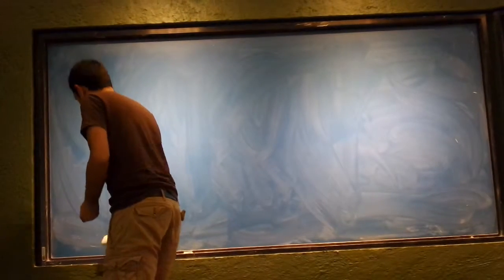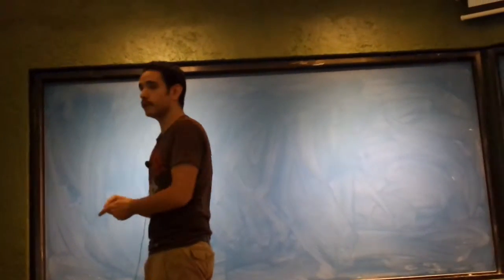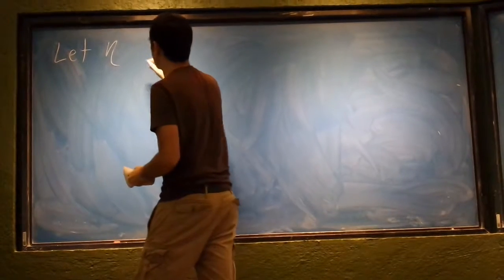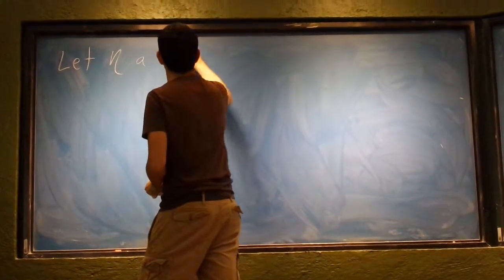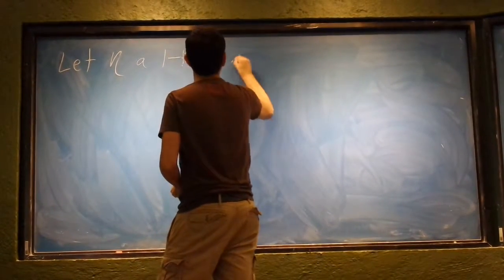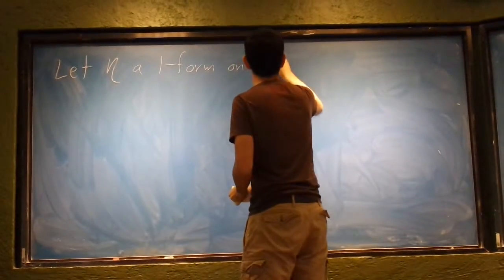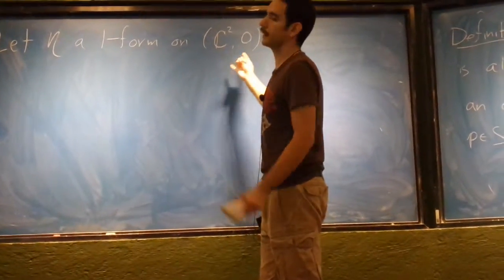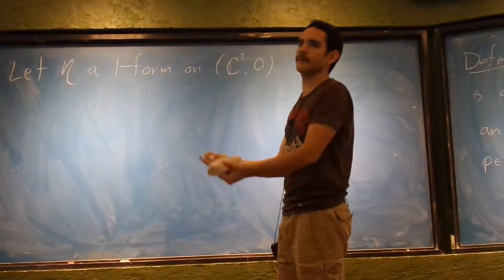So, first of all, I have a one form, eta. Since the coefficients are holomorphic functions, they always have a power series expansion.